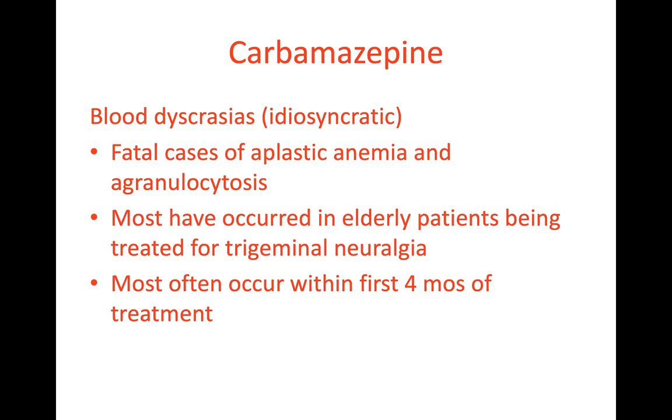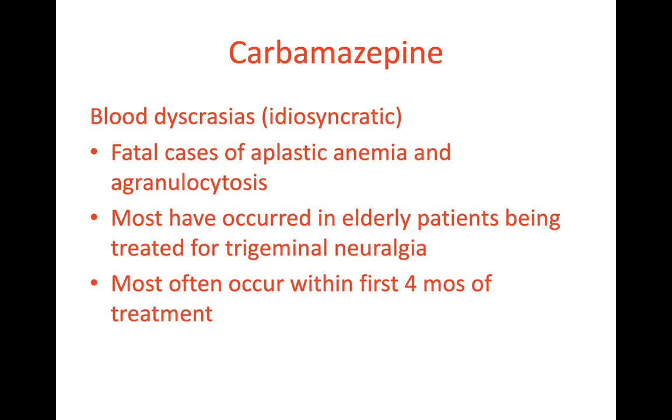One of the things that we see is part of a black box warning with regard to this, and I'll go over this again when we talk about the advanced pharmacology about you prescribing it. The black box literally says that the risk of developing aplastic anemia or agranulocytosis is 5 to 8 times greater than the general public.